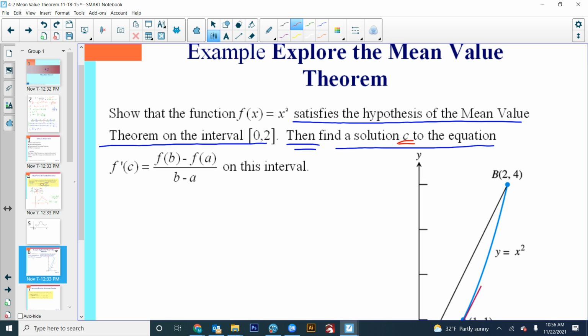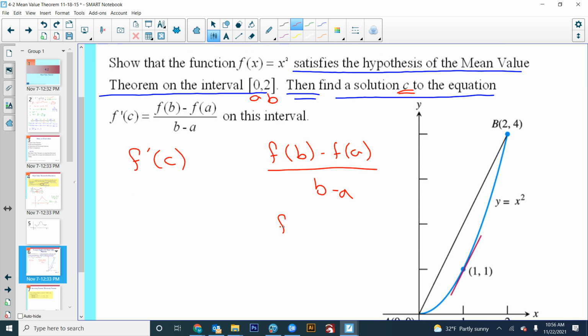So we have two parts to this. We have f prime of C, and we have f of B minus f of A over B minus A. And you're given the interval, A is 0, B is 2. So we're going to do f of 2 minus f of 0 over 2.